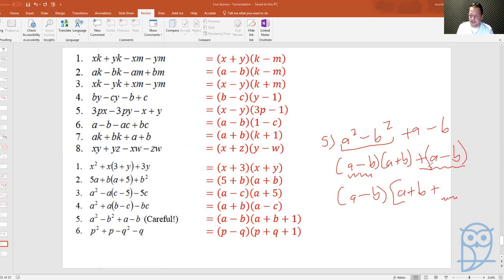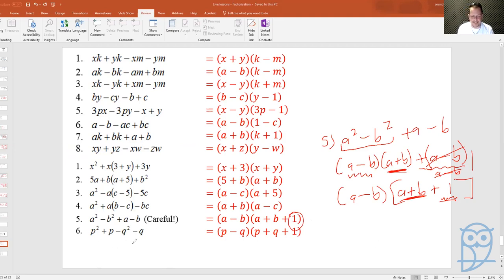I've taken out this whole thing. But remember, when I say take out, I mean I'm dividing by a minus b. And when you divide and they cancel, it leaves you with a 1. That is where this 1 has arrived from. Why I've got 3 terms here: it's a plus b, this whole bracket, plus 1.